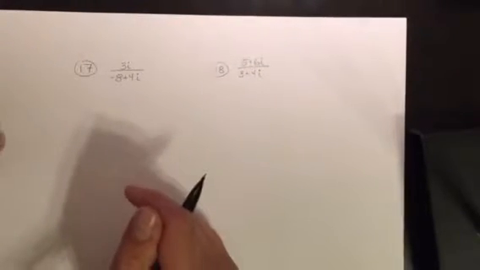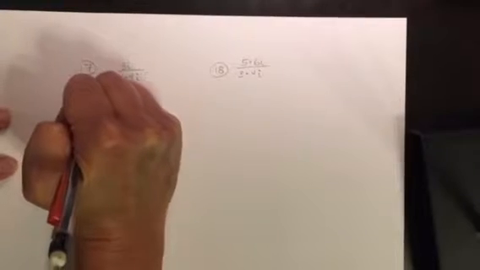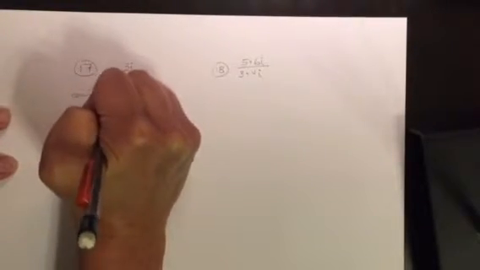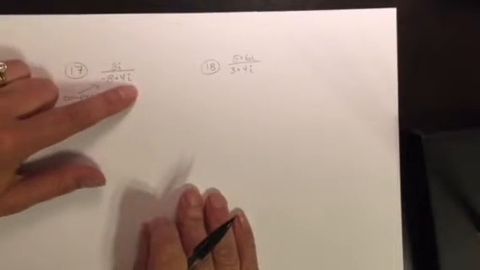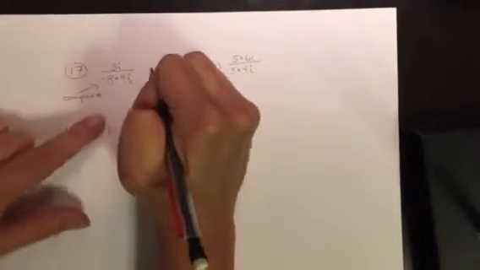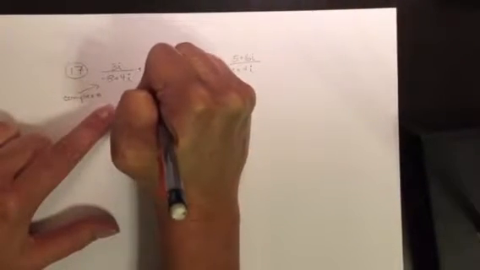Okay, number 17. Number 17, also dividing by a complex number, because we have a real number and imaginary number. So anytime I'm dividing by a complex number, I'm going to multiply by the conjugate.